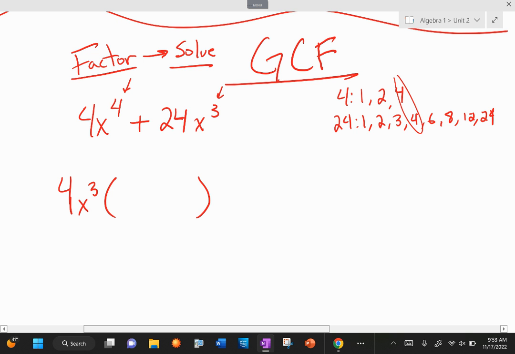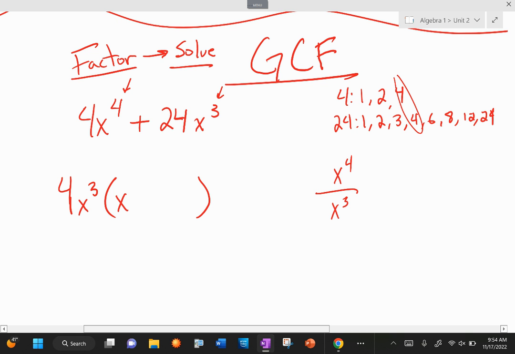So I can pull out 4x to the 3rd. That creates parentheses. What's 4 divided by 4? 1. What's x to the 4th divided by x to the 3rd? Yeah, just x. X to the 1st is correct. When you divide exponents, please remember your exponent rules: when you divide exponents, you subtract the exponents.